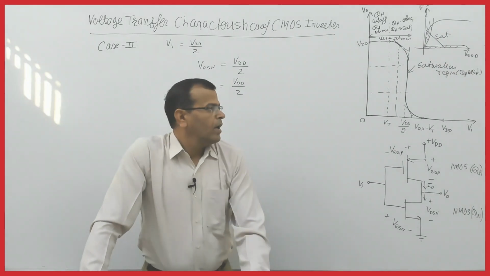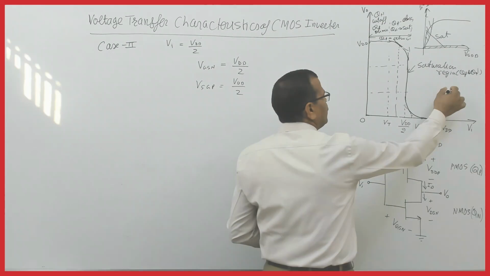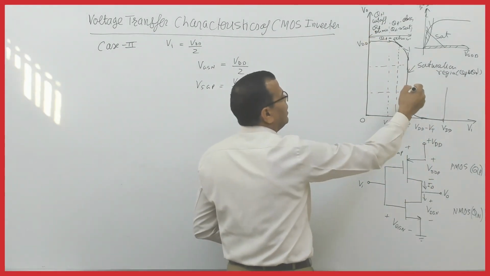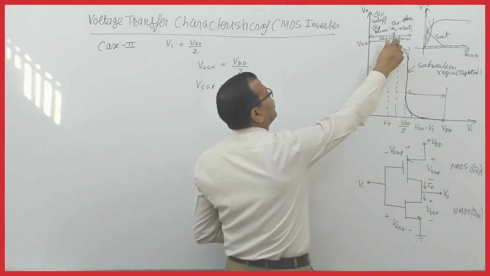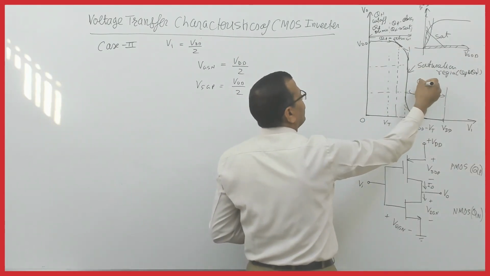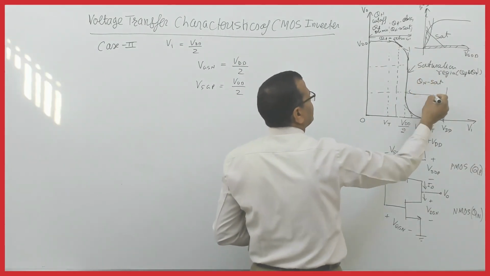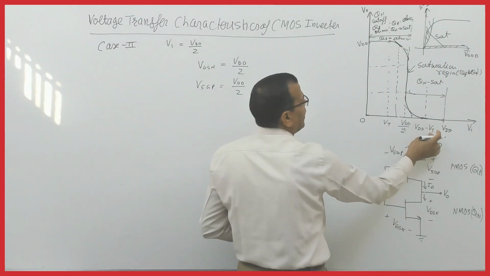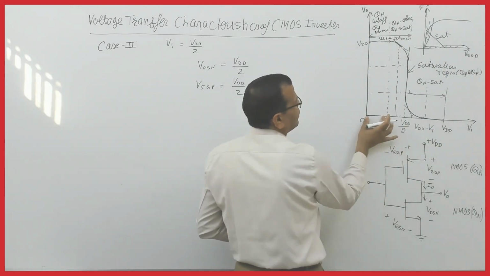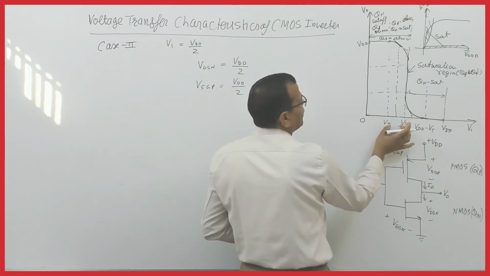Fine. Now if you switch over from here to here, the condition will be similar, but here Qn was in saturation, here Qp will be in saturation. Then VDD minus Vt is similar to this part, Vt to VDD by 2.